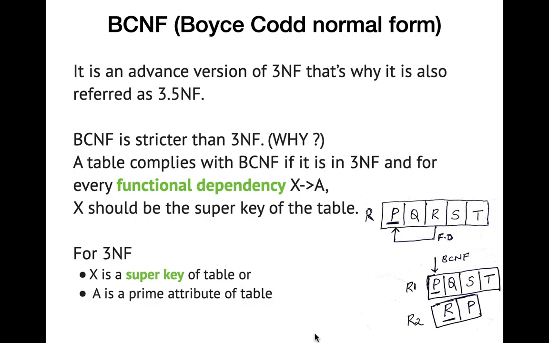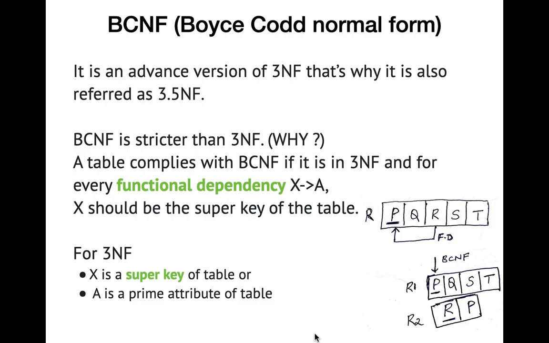And for exam, one more thing you need to notice: if a relation is given and you are asked to convert it into the highest normal form possible, the highest normal form that you have learned is BCNF. It goes like 1, 2, 3, then BCNF. So you should see that the final answer satisfies BCNF.